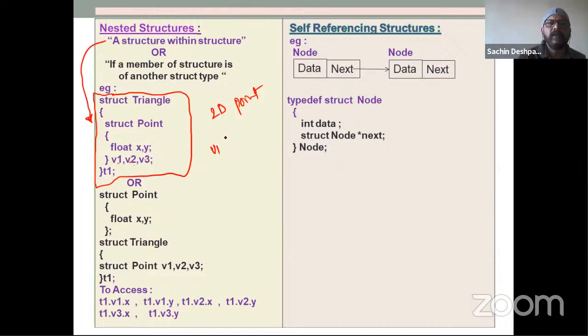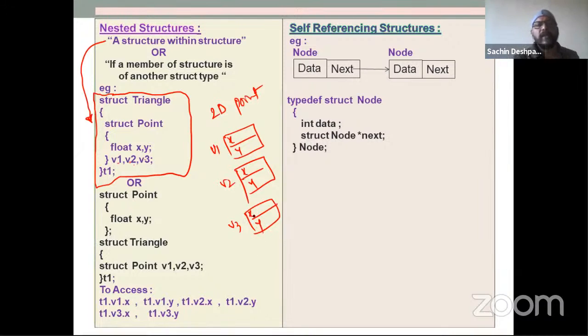Iska matlab hai v1 has 2 ingredients x and y, v2 also will have 2 ingredients x and y, and v3 will have 2 things for its description, x and y. And then the triangle is defined by the 3 vertices. So this is one way.